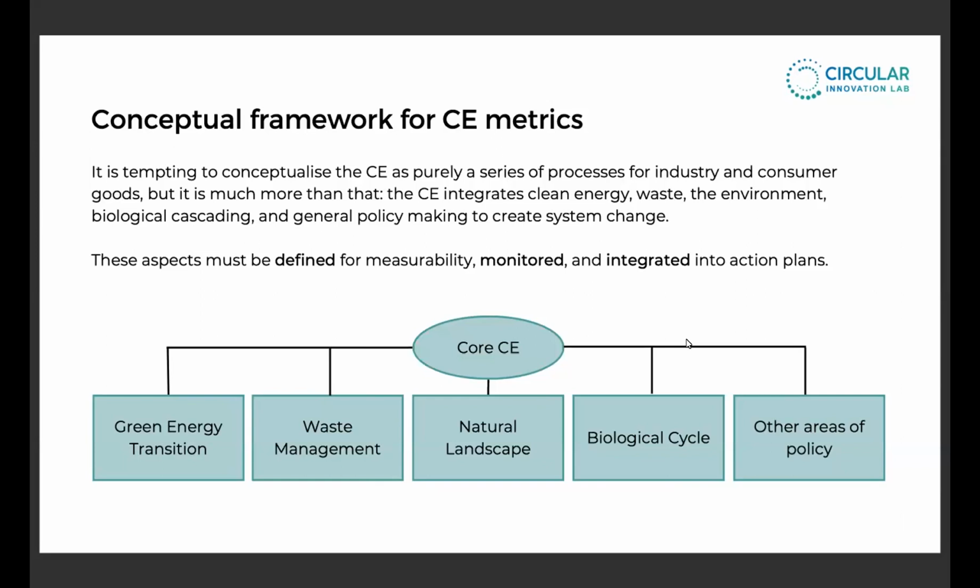The circular economy integrates clean energy, waste, environment, biological cascading, and general policy making to create a system change. Circular economy roadmaps can therefore strive to include metrics for all aspects of the circular economy to encourage balanced growth of circular economy indicators.